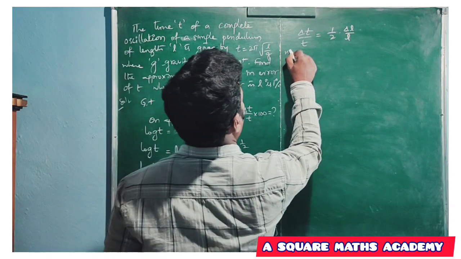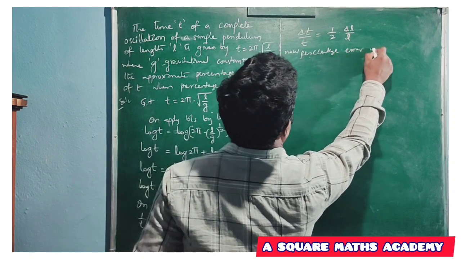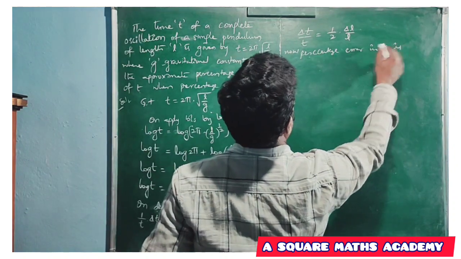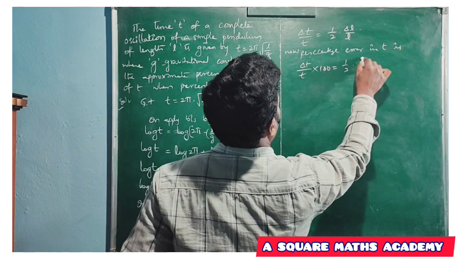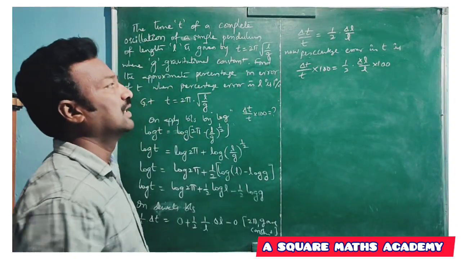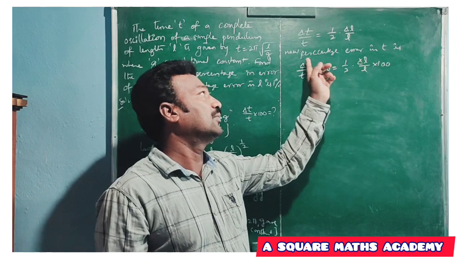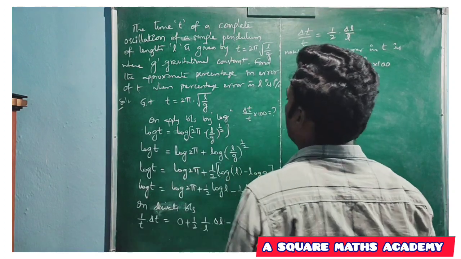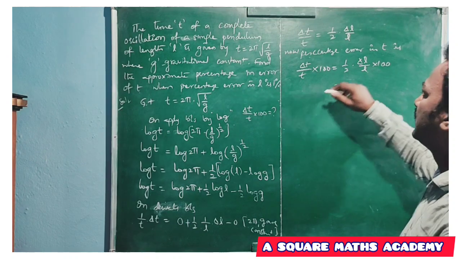So the percentage error in t is delta t by t into 100, which equals 1 by 2 delta L by L into 100. Multiplying both sides by 100 gives this automatically.